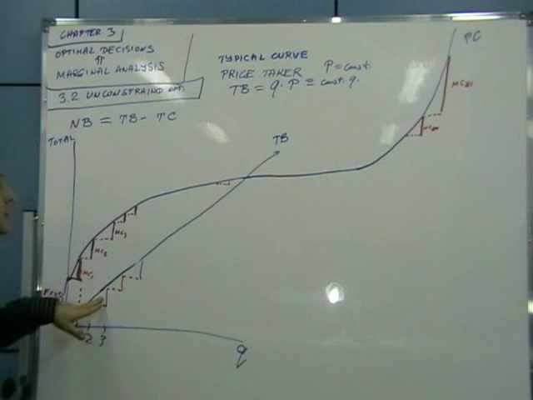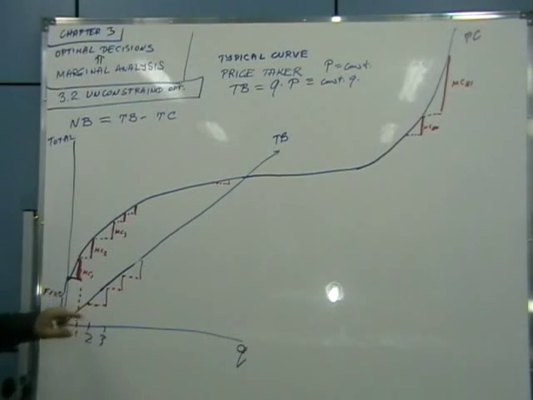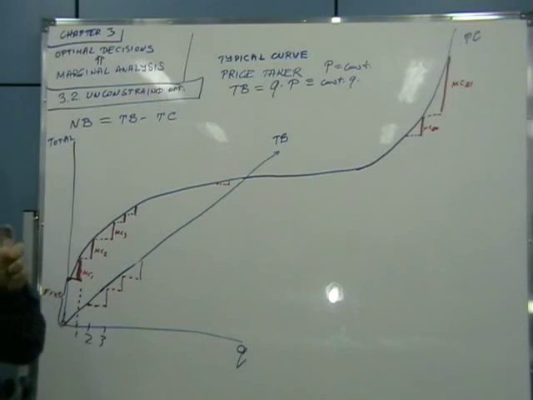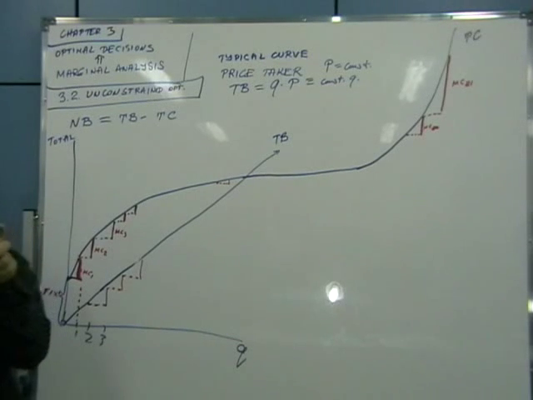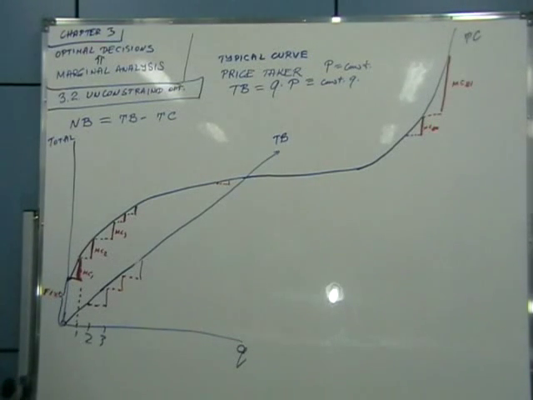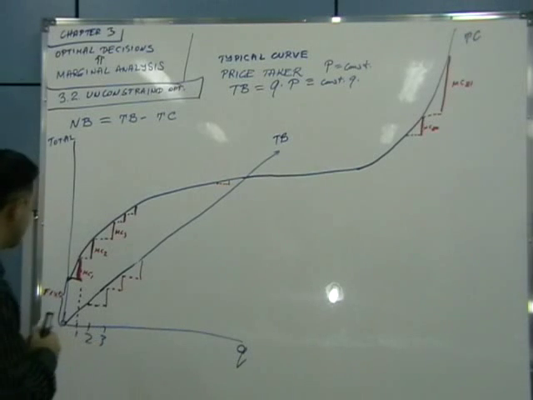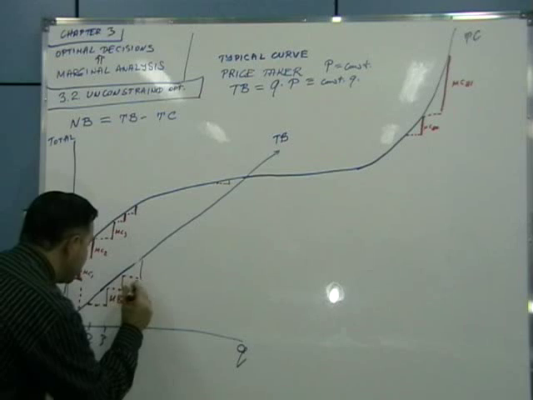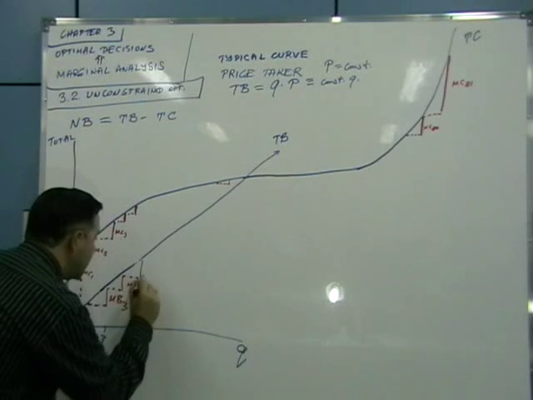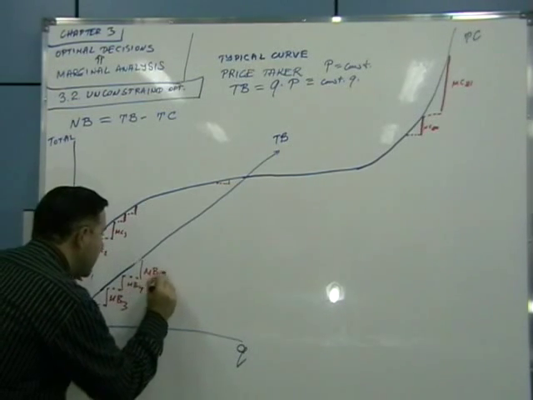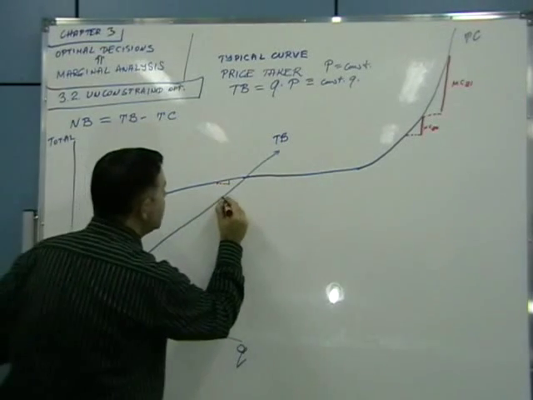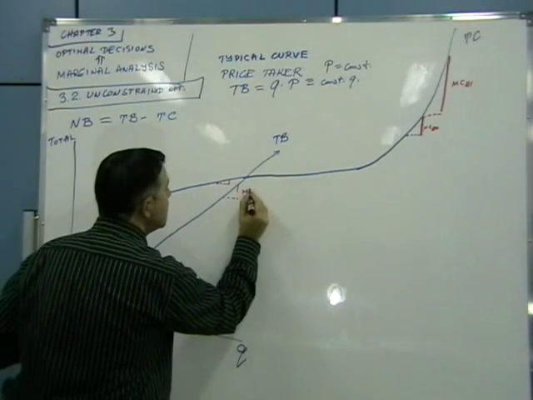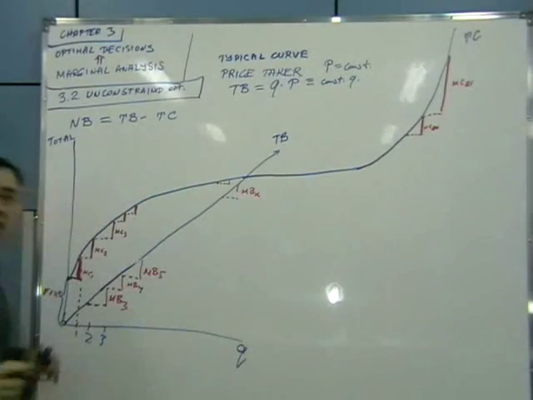Turns out that the marginal benefit is constant. In other words, the marginal benefit of the first unit is equal to the marginal benefit of the second unit, is equal to the marginal benefit of the third unit. So we say MB3, marginal benefit 4, marginal benefit 5. Over here I'll do marginal benefit K.